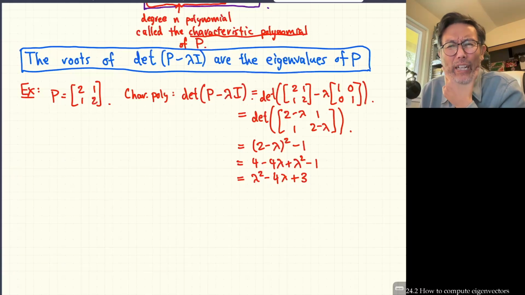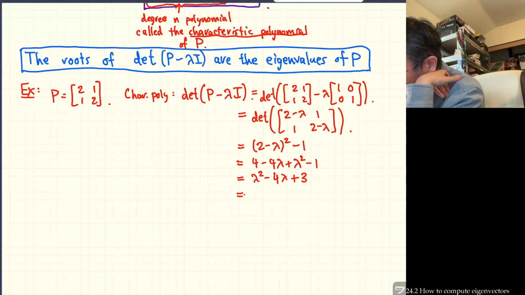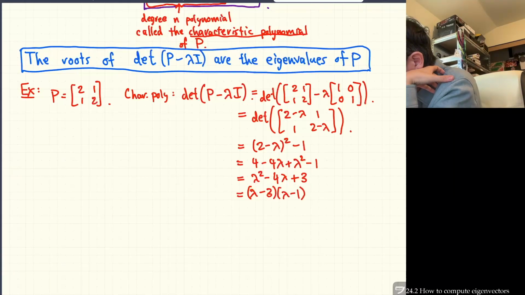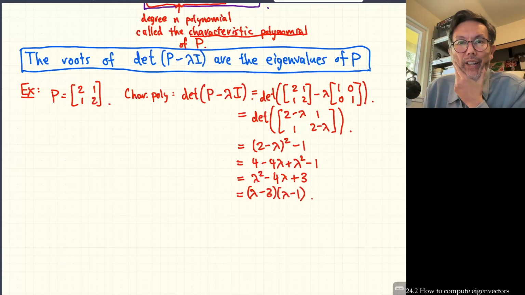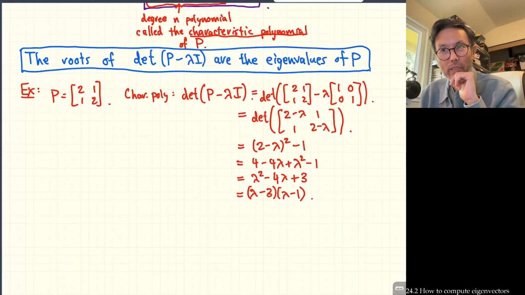And does that guy factor? Oh yeah, look at that. It factors into (lambda minus 3) times (lambda minus 1). So the roots of the characteristic polynomial are 3 and 1.